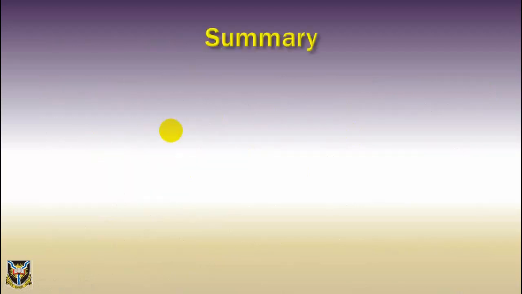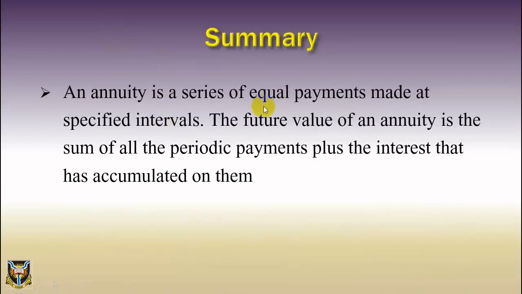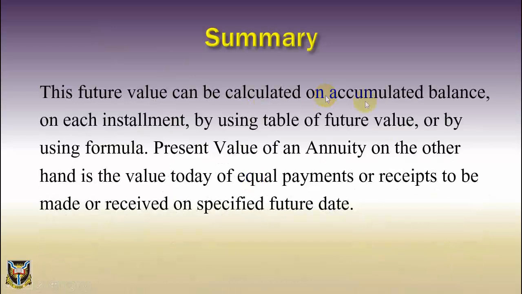Summary: an annuity is a series of equal payments made at specified intervals. The future value of an annuity is the sum of all the periodic payments plus the interest that has accumulated on them. This future value can be calculated on accumulated balance on each installment by using table of future value or by using formula.